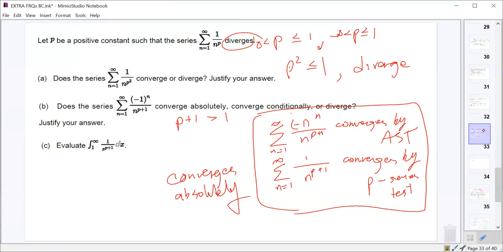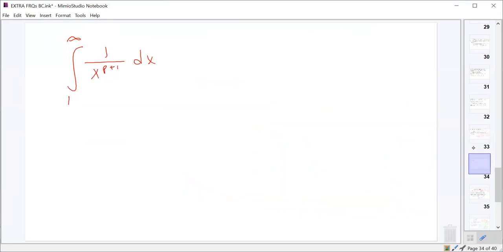In order to do this integral, we first recognize that this is an improper integral, and if you do not rewrite this as the limit as a approaches infinity of the integral from 1 to a of 1 over x to the p plus 1 dx, it will give you no points. If you don't rewrite your improper integral as a limit, you will get 0 points on any free response question that involves an improper integral, guaranteed. So make sure you rewrite.